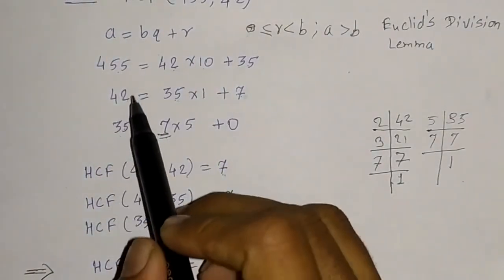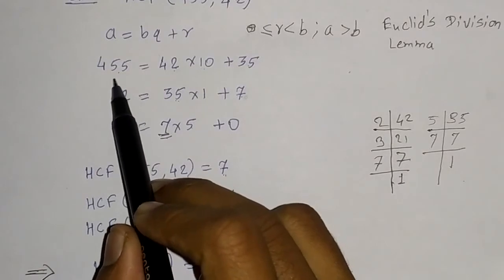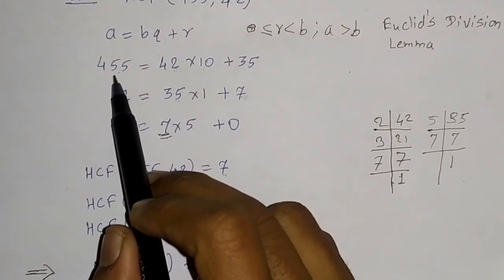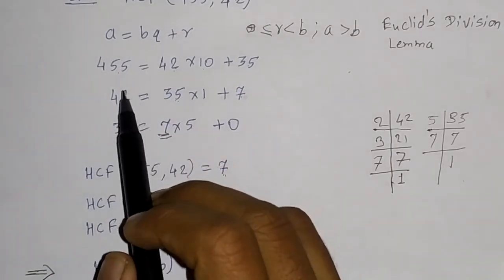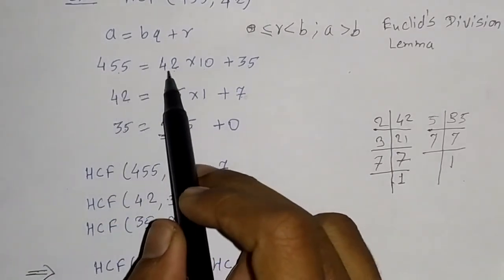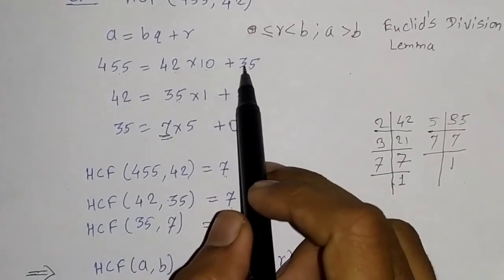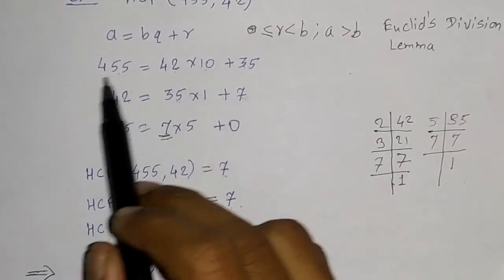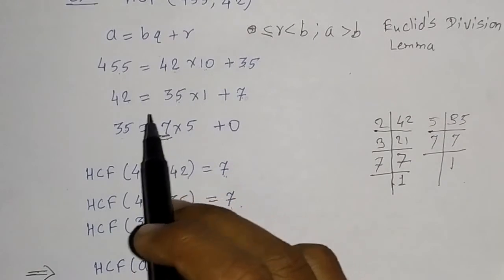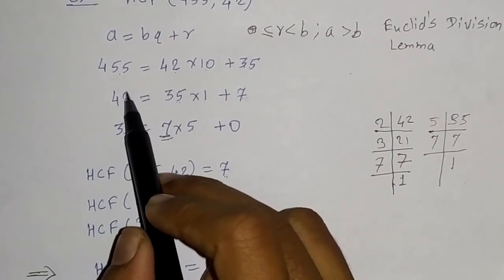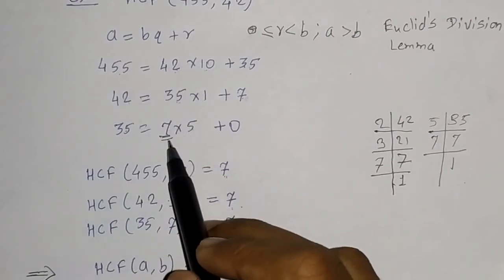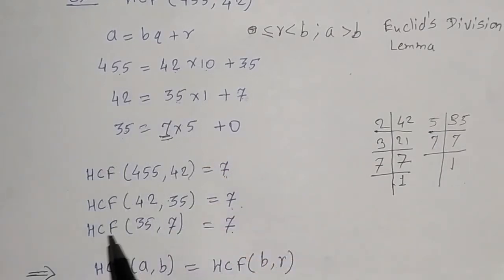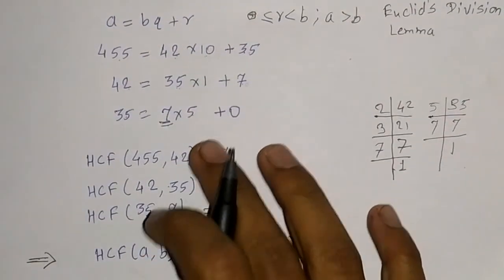First, apply Euclid's division lemma in such a way that dividend equals divisor into quotient plus remainder. And second, the HCF of dividend and divisor in each step is common. This is all about Euclid's division lemma.